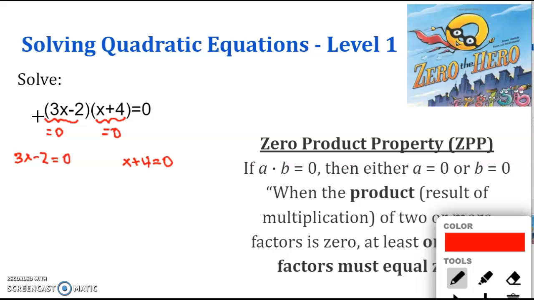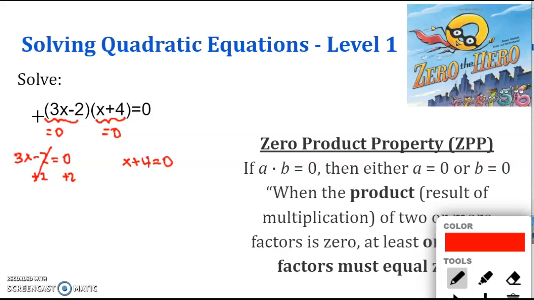From here I am going to add 2 to both sides, or you'll also hear me say, bring that negative 2 to the other side. How do I do that? I add 2 to both sides. That's what essentially bringing it to the other side means: you're doing the opposite operation. You're subtracting 2, so the opposite is adding 2.